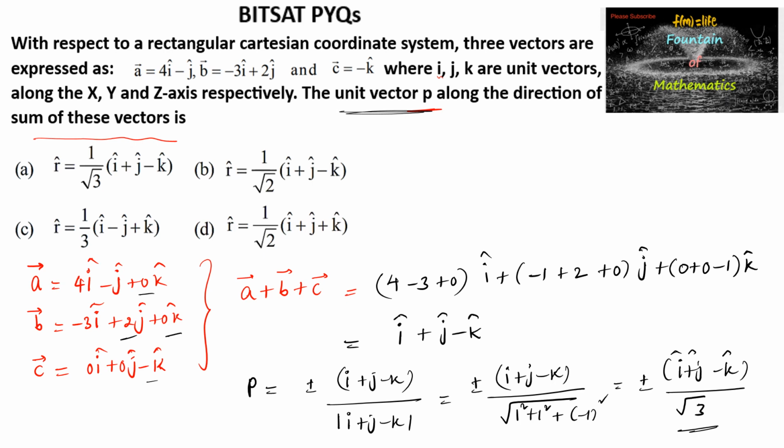So 1 by root 3, plus or minus 1 by root 3 (i plus j minus k). So we can go with option A. Option A is the answer.